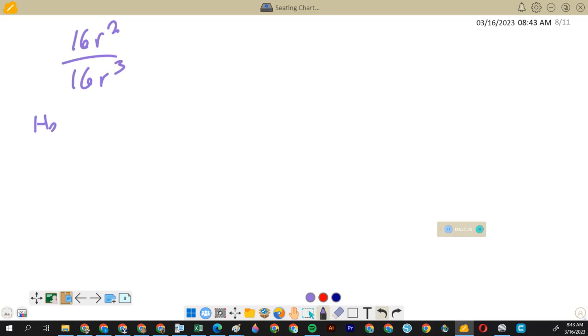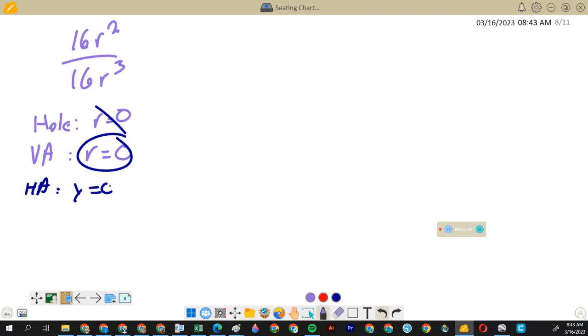So this says we have a hole at r equals 0, but we also have a VA at r equals 0. Which one of those wins? The VA wins, the hole loses. And the bottom is bigger than the top, so we have an HA at 0.